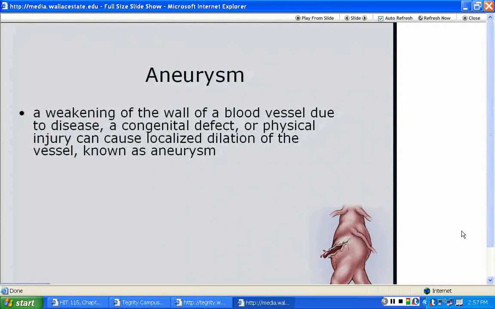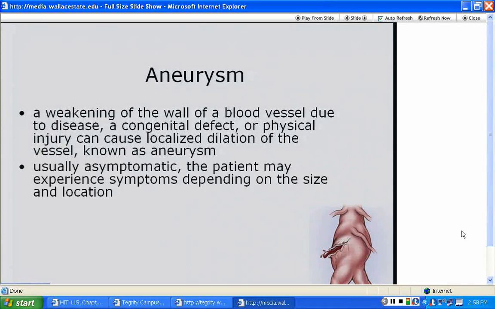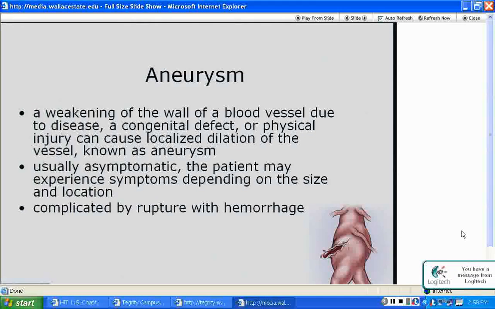With the aneurysm, the defect is there, whether it's because of a disease like atherosclerosis or a congenital defect. If our blood pressure is increased, more and more pressure may eventually cause that aneurysm to rupture. The aneurysm itself is usually asymptomatic, and people usually don't know they have it until it ruptures or until it's identified incidentally on imaging like a CAT scan.